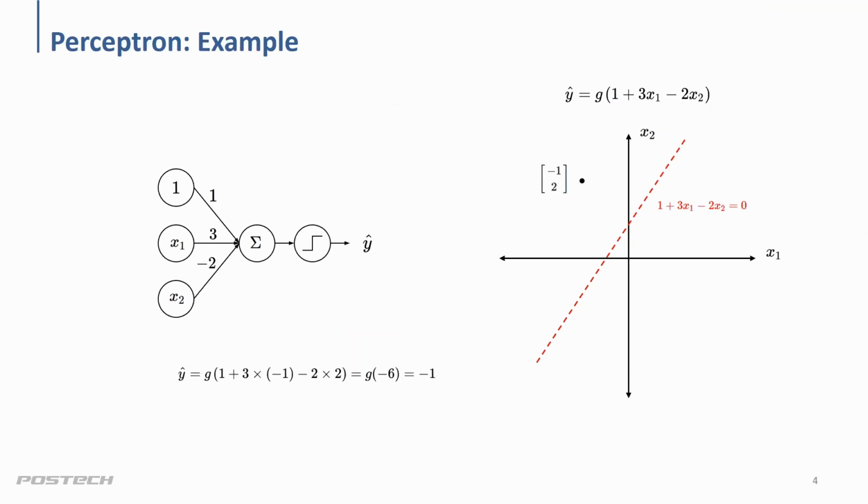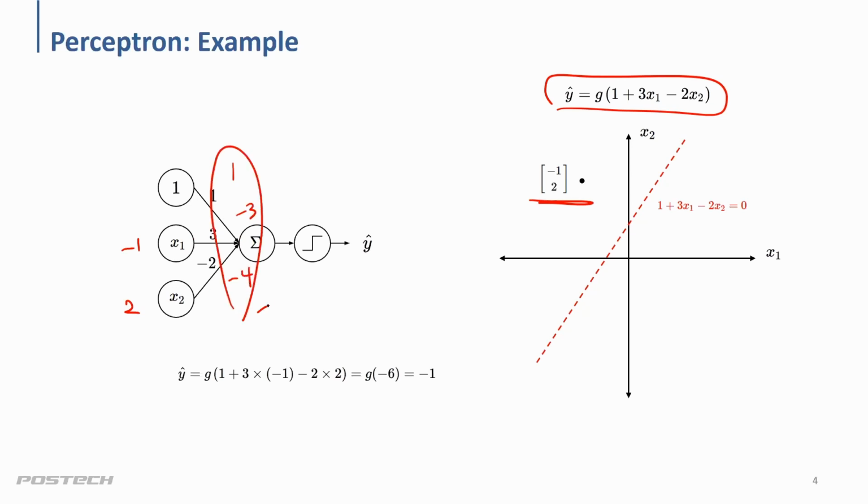Let's check. Now we know that this one is a classifier. Suppose we have a new input data point, and I want to predict what class it belongs to. Let's say here -1 and 2. I can compute it: 1, and here is -3, and this one is -4. If we do the summation, it's -6.